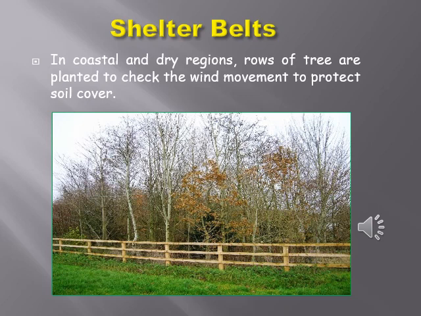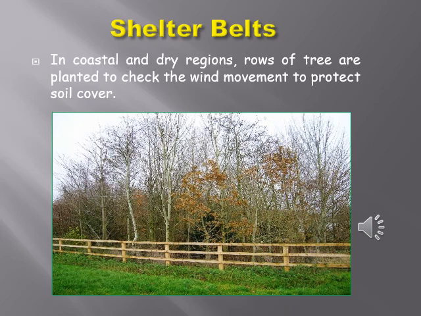Shelter belts are used for preventing wind erosion, especially in coastal areas and dry regions like deserts. What they are doing, as you can see in the picture, is planting rows of trees to check the wind movement and protect the soil cover. You can see in dry areas, even when you go to a beach area, trees are planted in a row.